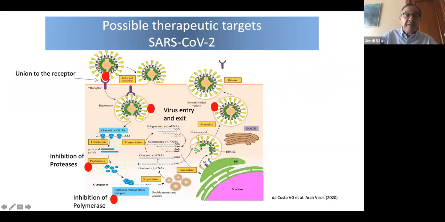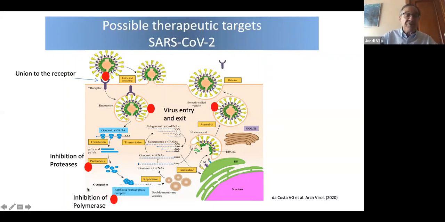When we look at the scheme of the replication of the virus, as we mentioned, we can detect several targets where we can develop drugs to fight against COVID-19. One potential antiviral drug blocks the interaction between the virus and the receptor, as you can see here. Another possibility is the inhibition of proteases, which play an important role in the replication of the virus.